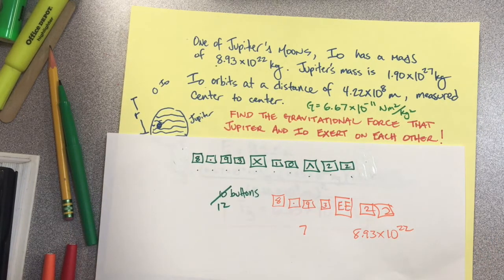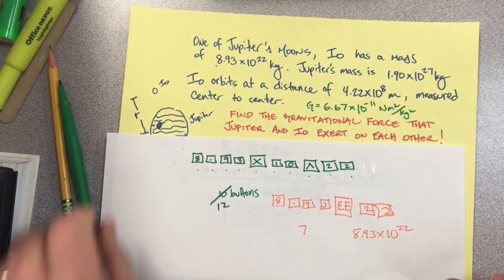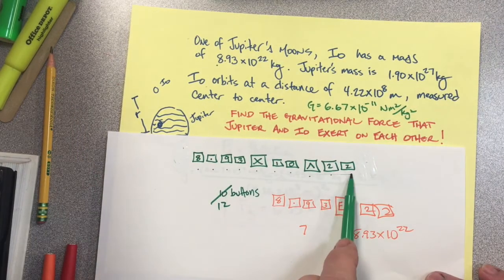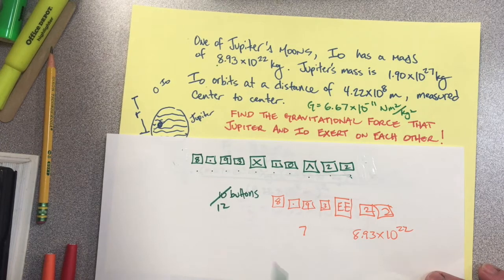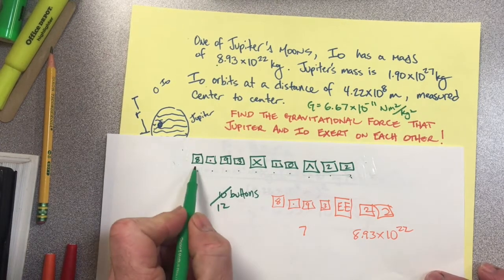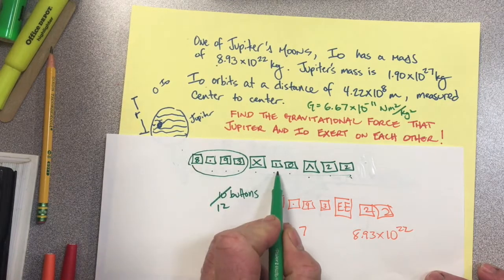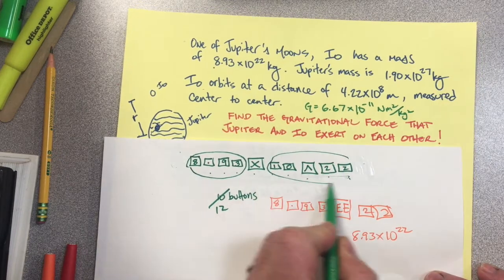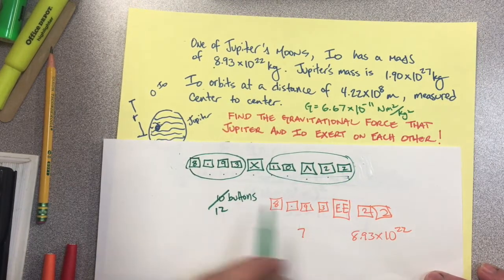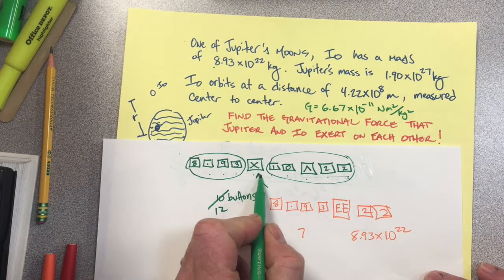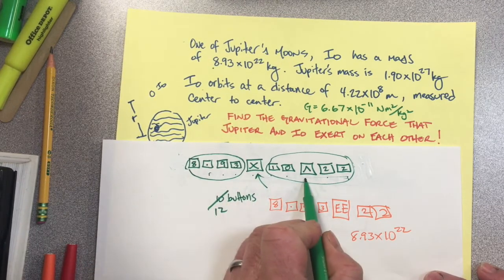Here's the problem. The calculator doesn't think of this as a number. It thinks of it as an operation between two numbers. It thinks you want to take 8.93 and multiply it by 10 to the 22nd power. And that's actually not an operation. You don't want to do a multiplication problem.